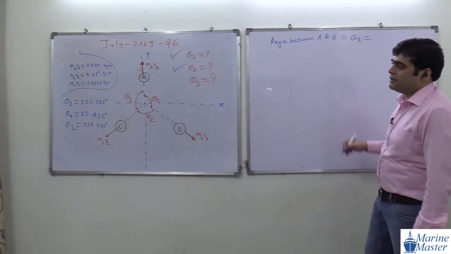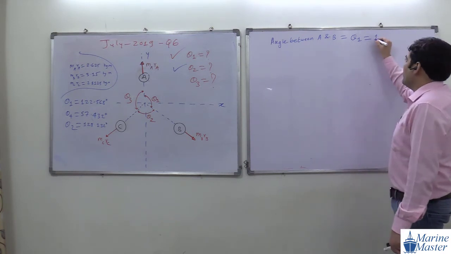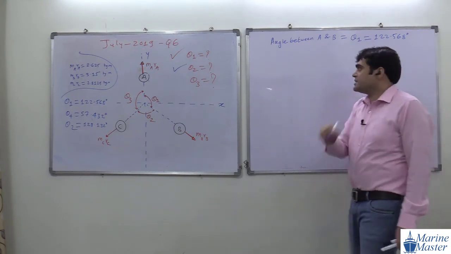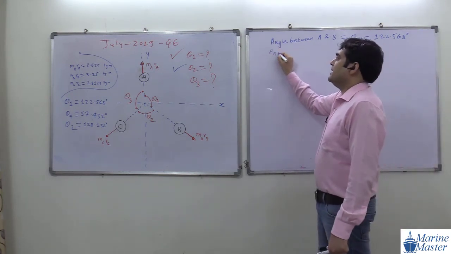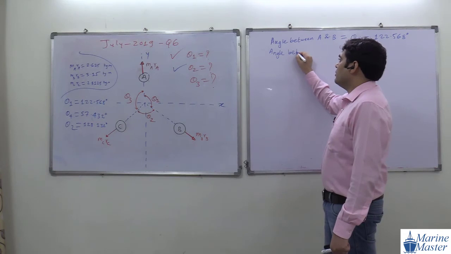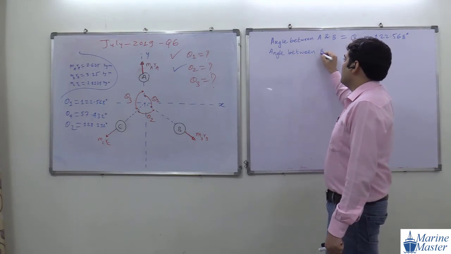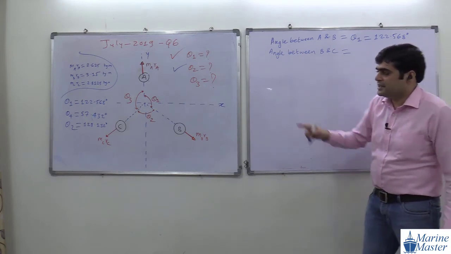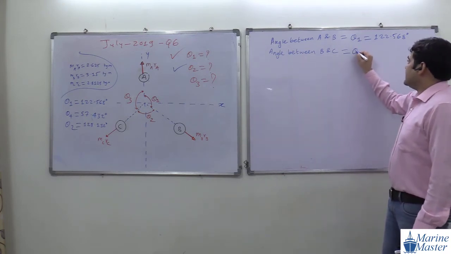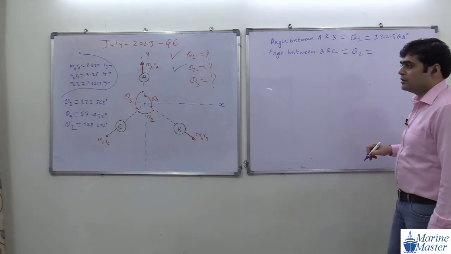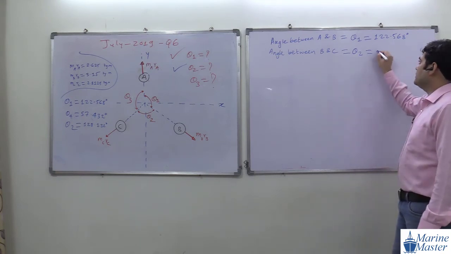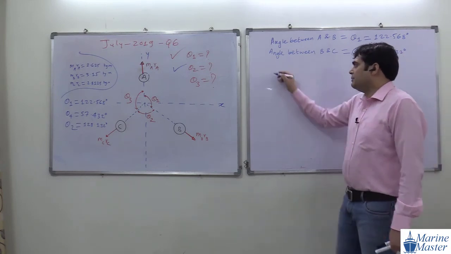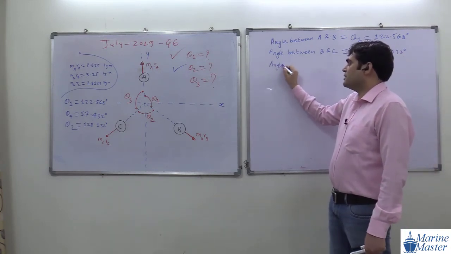How much theta 1 did we get? 122.568 degrees. Then next, the angle between B and C. What is the angle between B and C? Theta 2. Check the values, I may be wrong. 128.132 degrees.